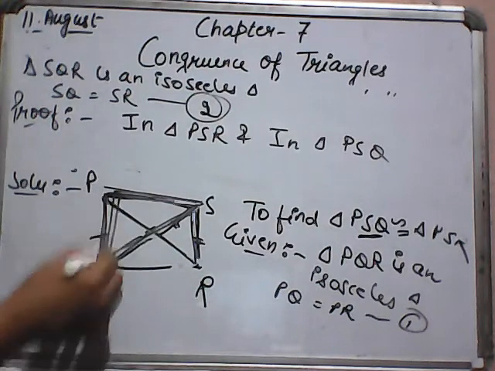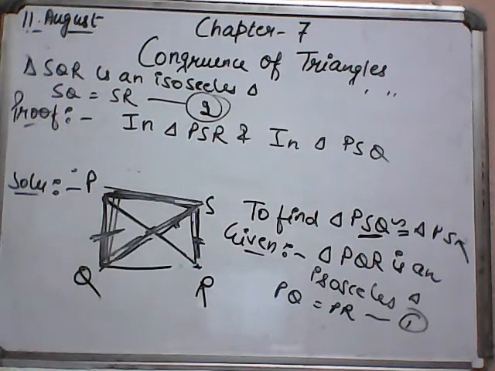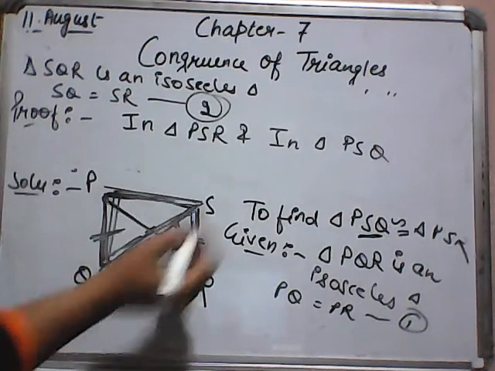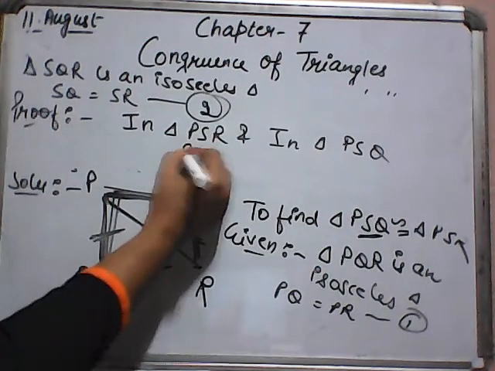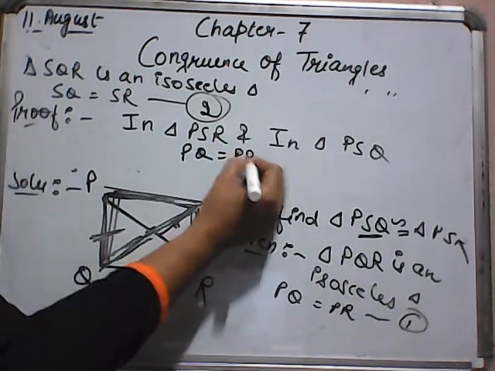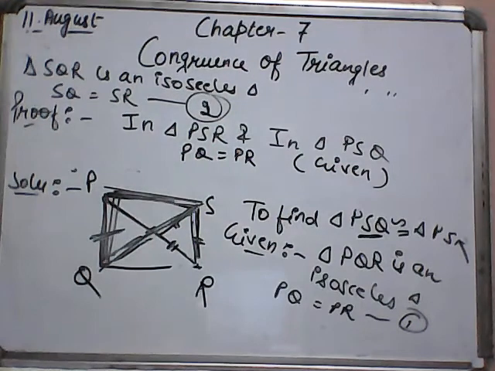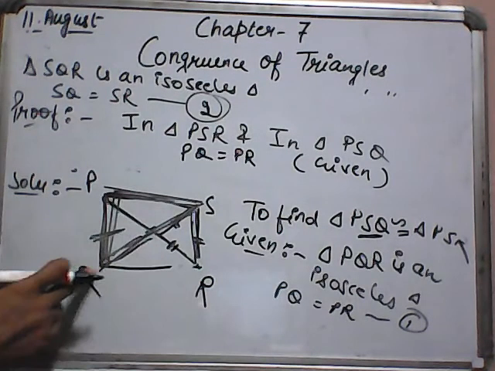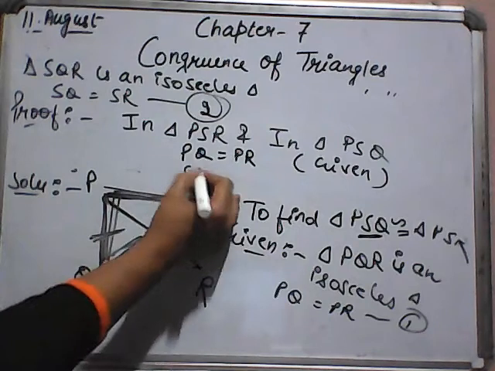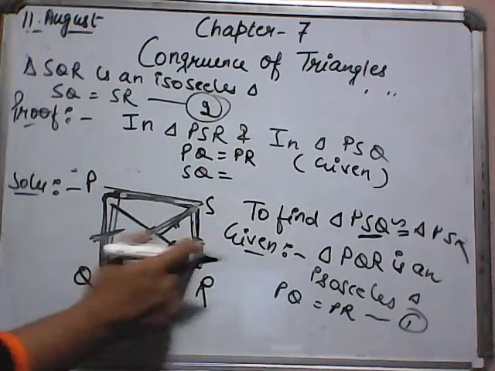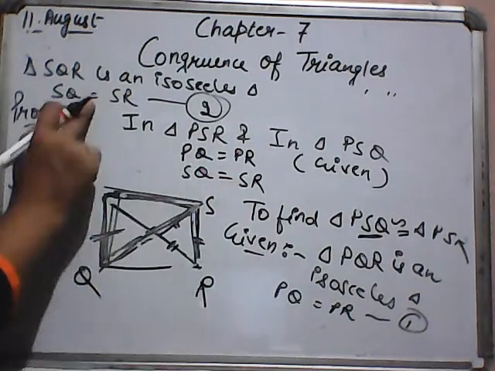In triangle PSQ consider side PQ, and in triangle PSR consider side PR. Now, PQ is equal to PR from equation number 1, given to you. Now, in triangle PSQ, side SQ, and in triangle PSR, side SR, it is also given to you in equation number 2.